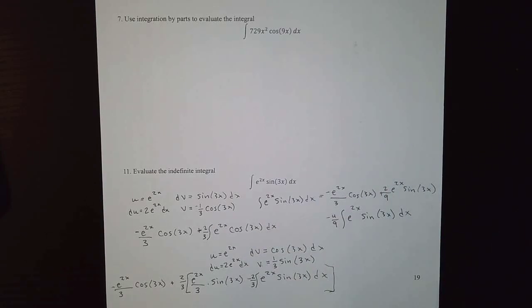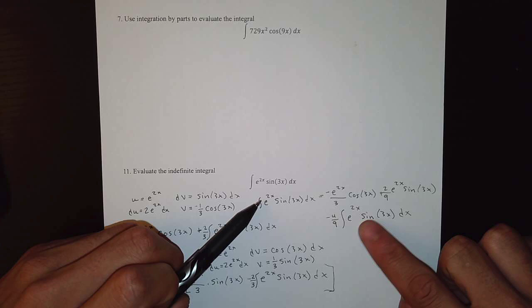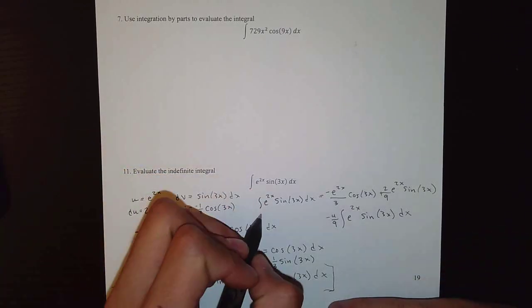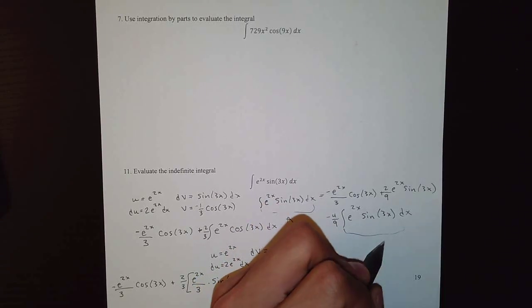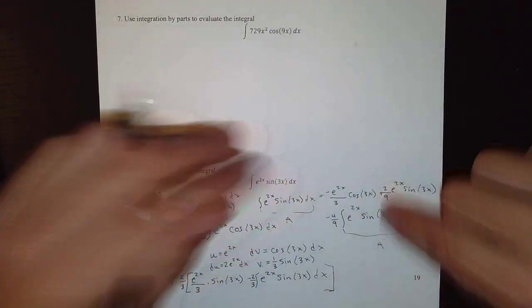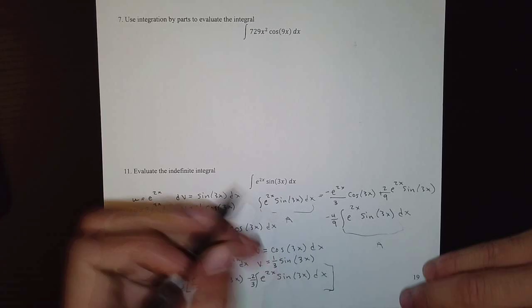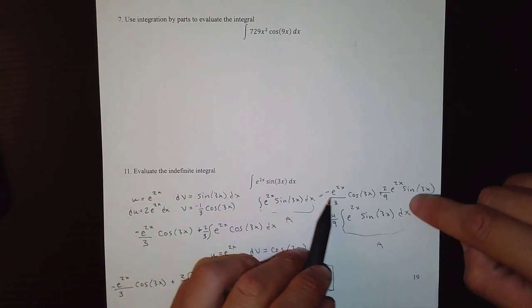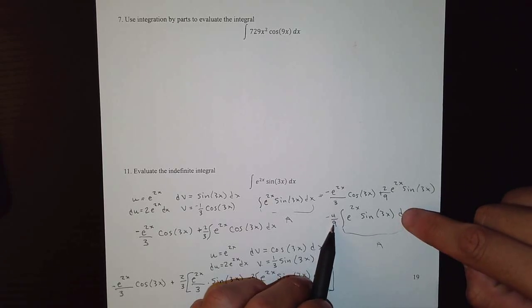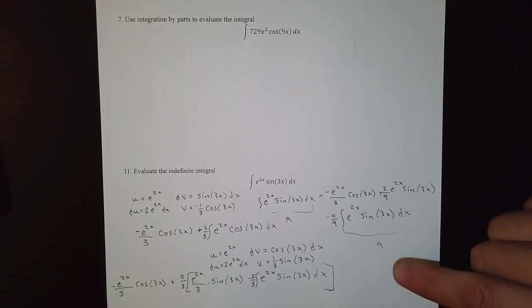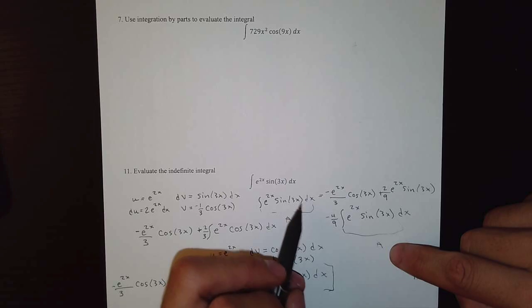And so if we observe, imagine this is a variable A. We have A equals the quantity plus the quantity minus 4/9 A. And so let's add 4/9 A to both sides.